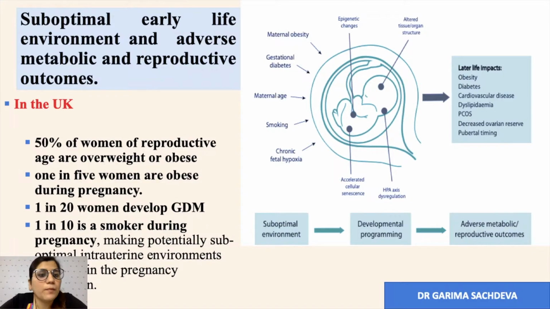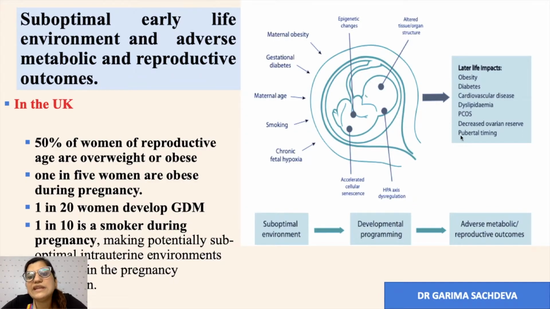So, if there is a suboptimal early life intrauterine environment, it has adverse effects on both metabolic and reproductive outcomes. So, what could be the various altered environments? If there is altered tissue organ structure, or epigenetic changes, or maternal obesity, or gestational diabetes, or advancing maternal age, smoking, chronic hypoxia, accelerated cellular senescence, HPA axis dysregulation.